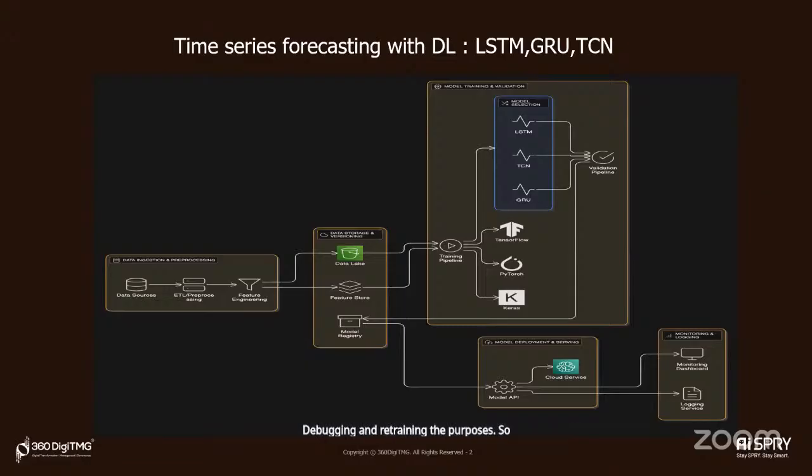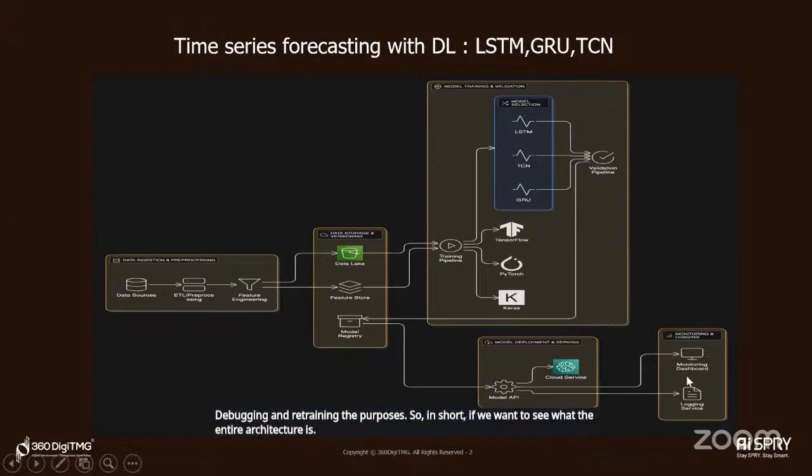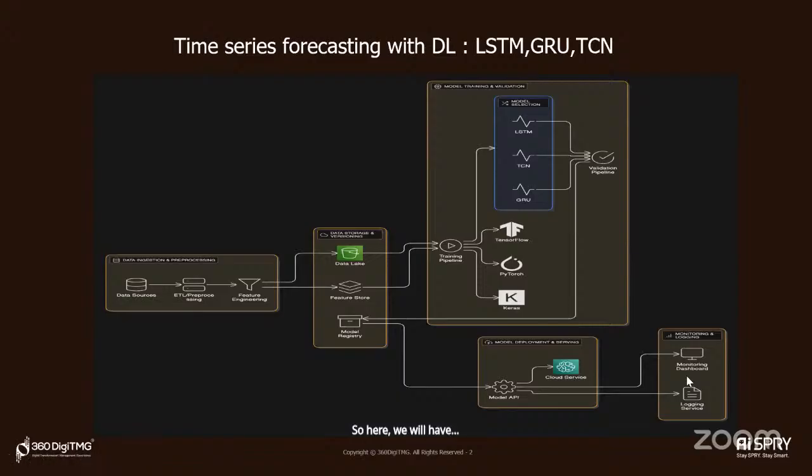So in short, in summary, we will have data in a raw format, which we have to clean and featurize so that we can store it in some format like a data lake. From that storage platform, we can train the model.